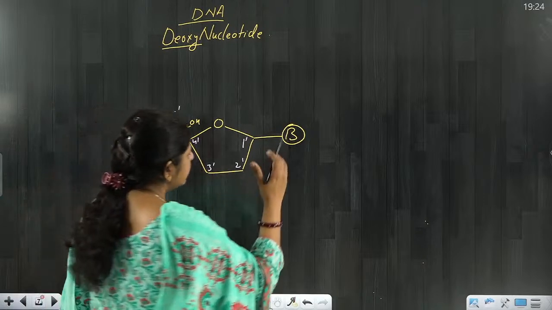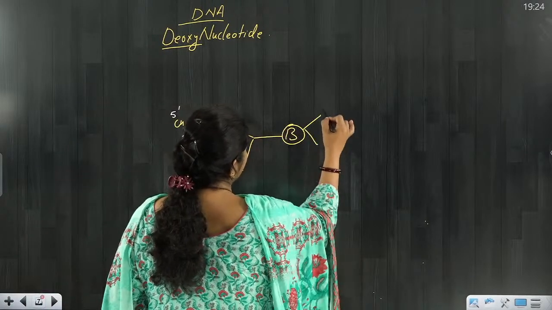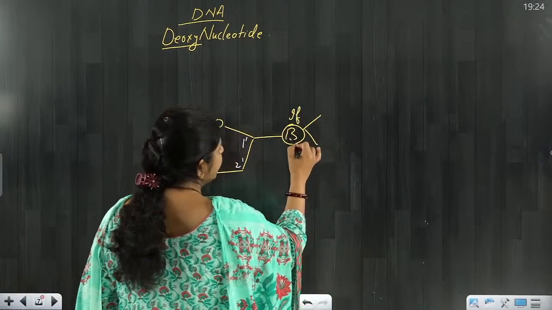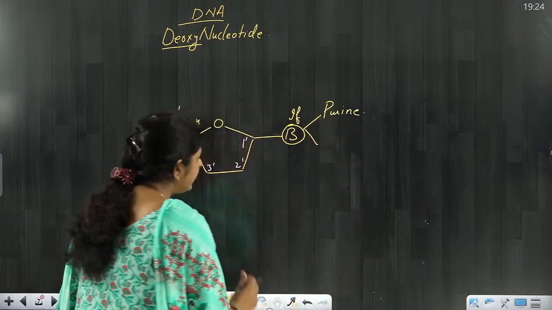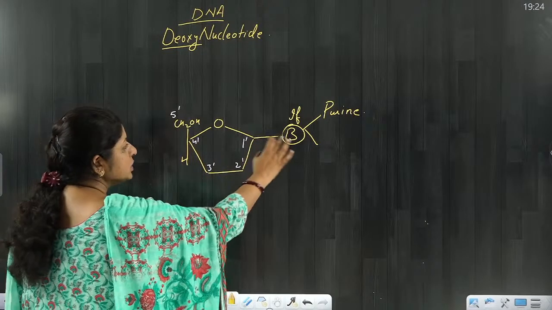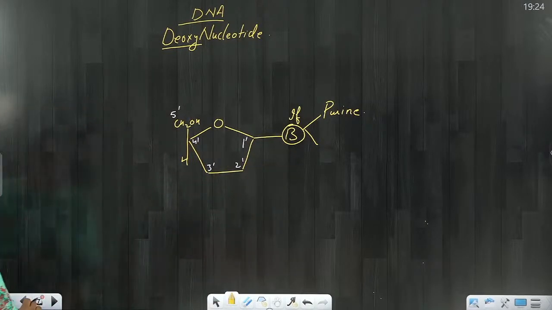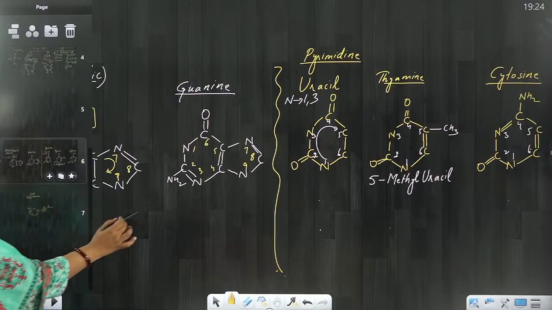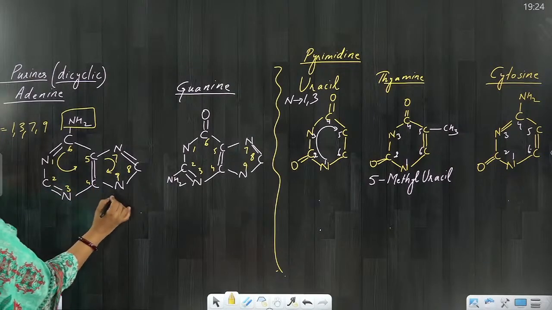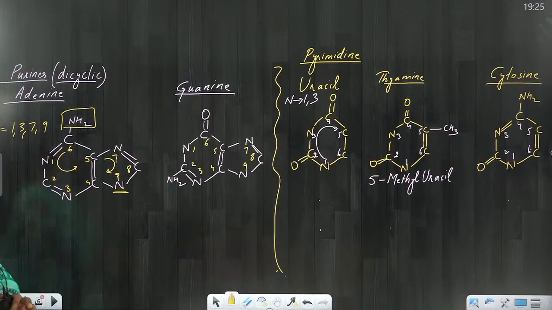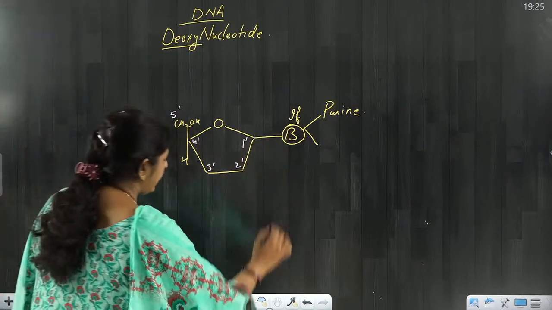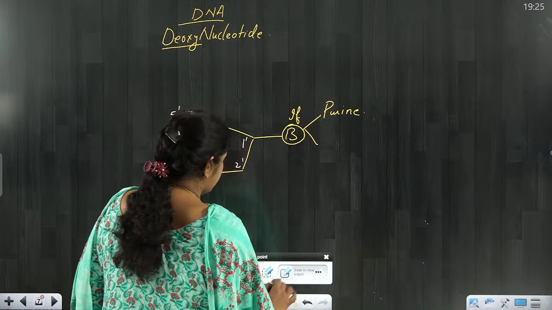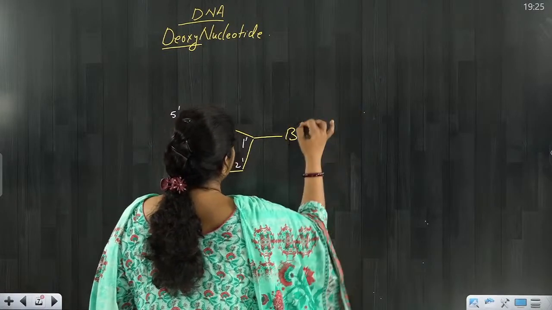And the mind should be on the structures now. If that base is purine, then where is this bond going to be created? On which nitrogen? Then it will be on the 9th nitrogen. Right? Let me draw it for you. I am taking purine now.